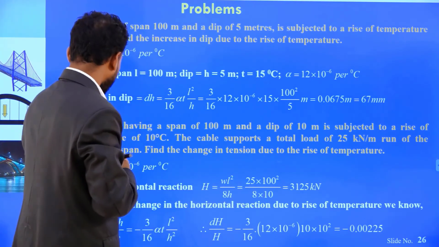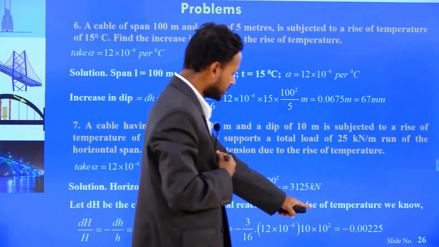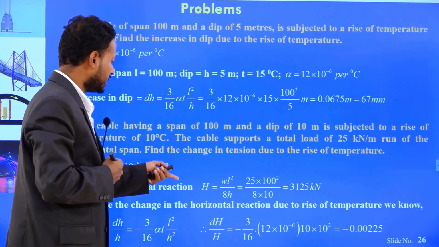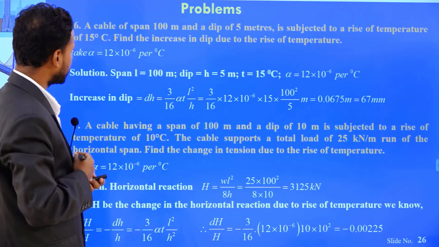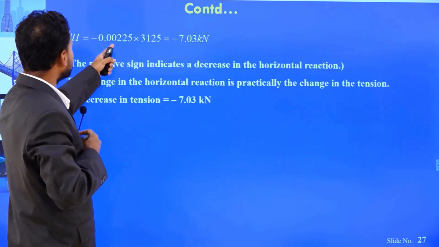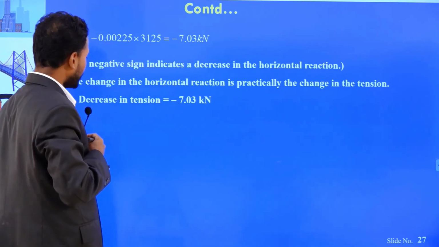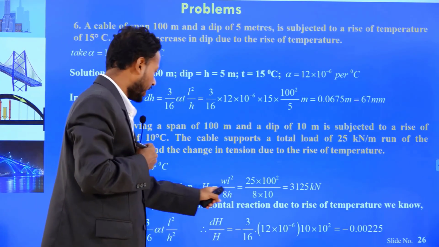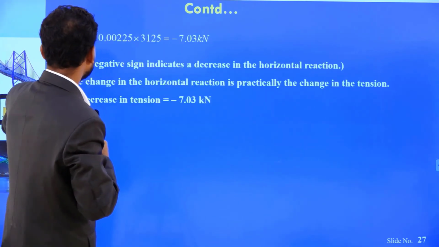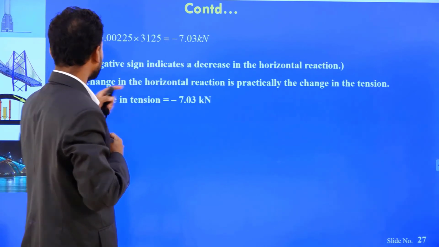So I get DH by H equals minus 0.00225, right? This is the change in horizontal reaction. Now DH equals, I can write minus 0.00225 into 3125. 3125 is nothing but the H, so I will multiply the H with this coefficient. I will get DH equals minus 7.03 kilonewton.